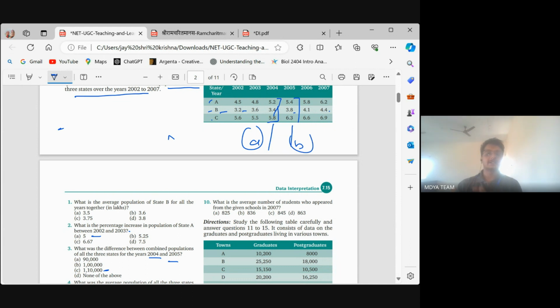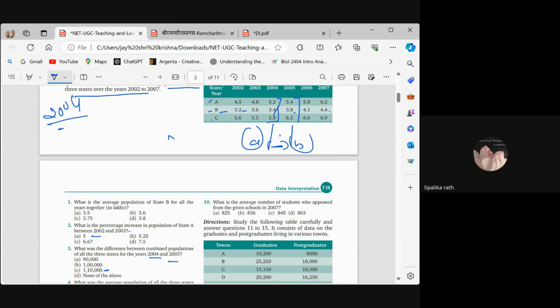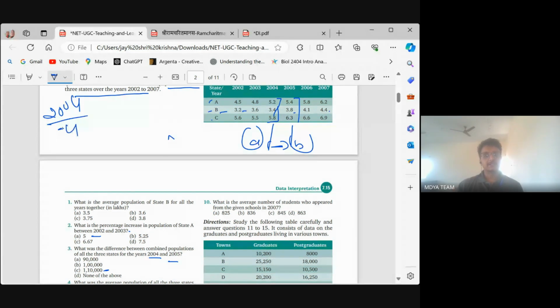So they are asking about the difference. So what is the combined population in 2004? Means 14.4.